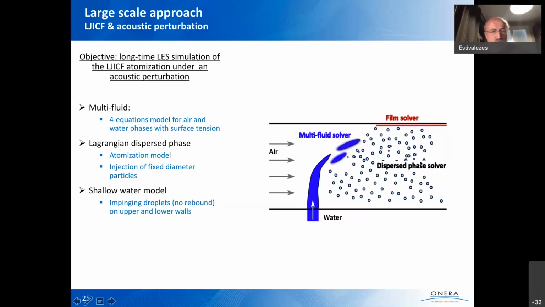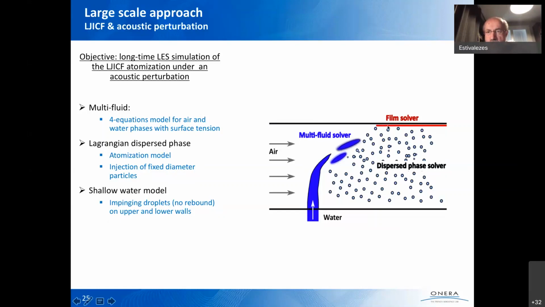Then in this zone, we use a Lagrangian dispersed phase solver with atomization model for secondary breakup. And we inject the particles in the zone, depending on the value of the diffuse mass or volume fraction, but we fixed the diameter of the particle.